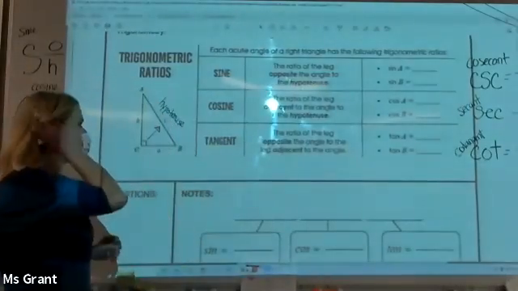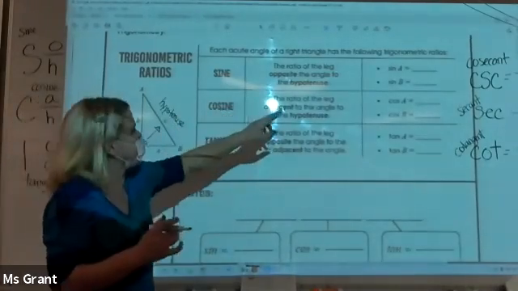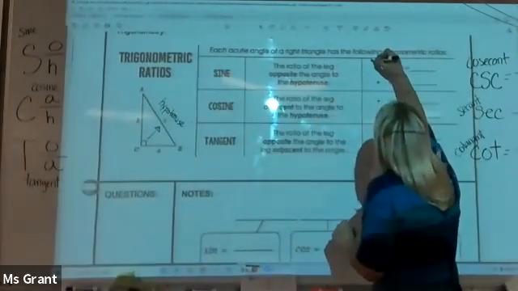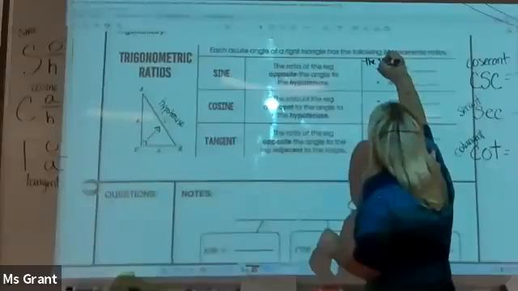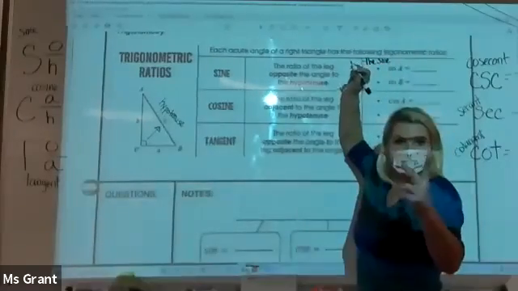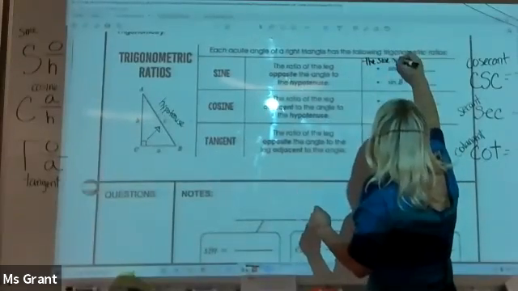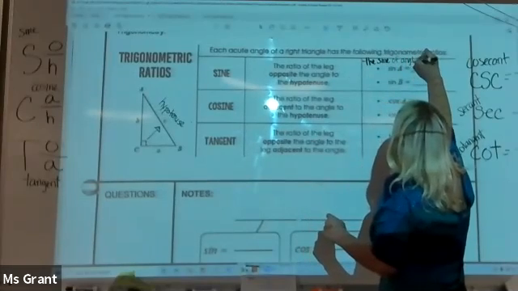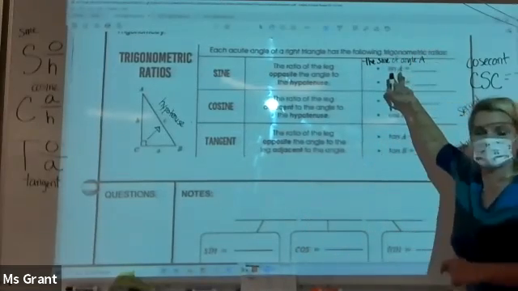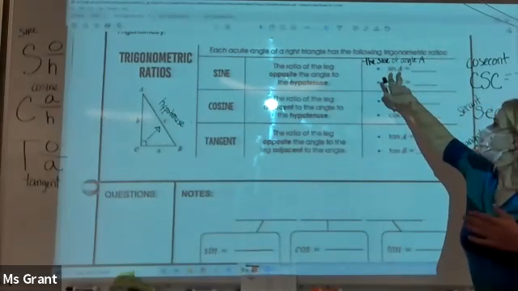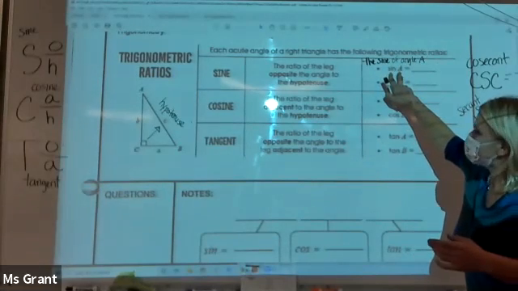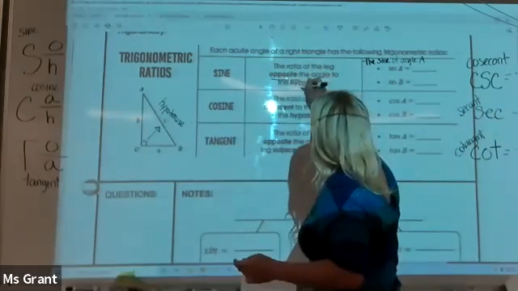So let's practice. The sine, the relationship between two numbers of angle A. That's what this means, sine A. Okay, sine means opposite over hypotenuse.